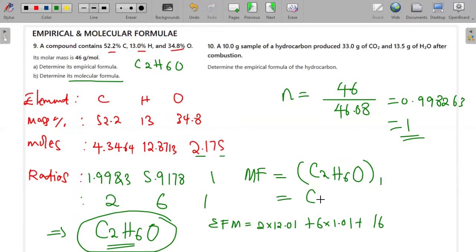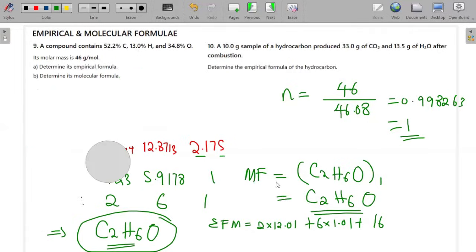So in this case, my empirical formula and molecular formula are actually the same. That's how we find them. I don't expect you guys to fail any questions on empirical and molecular formula, because we've done a lot of them.